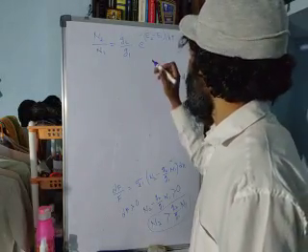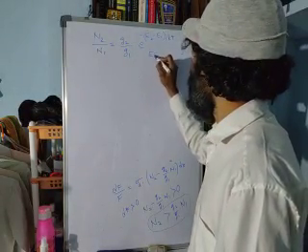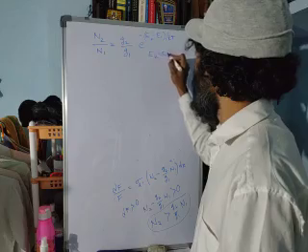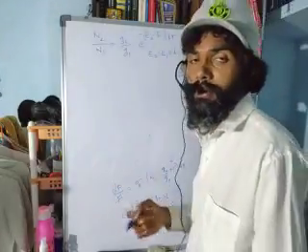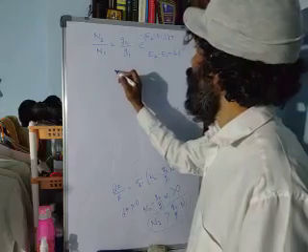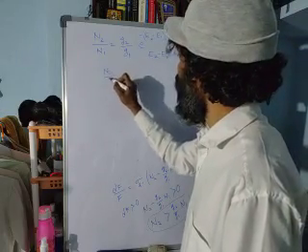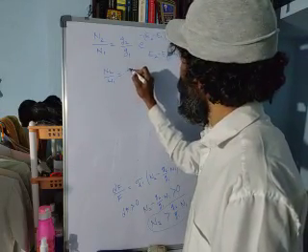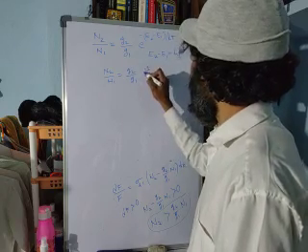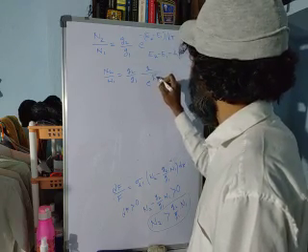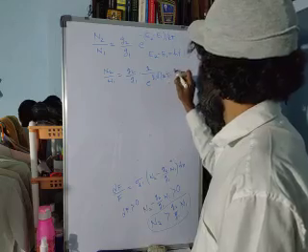If we remember this condition for the two-level atomic transition, E2 minus E1 is equal to h nu, the photon energy, then N2 by N1 is equal to Z2 by Z1 divided by exponential h nu by kT.